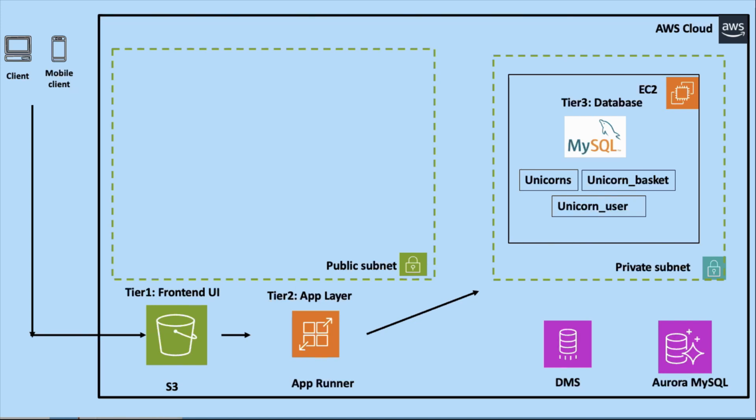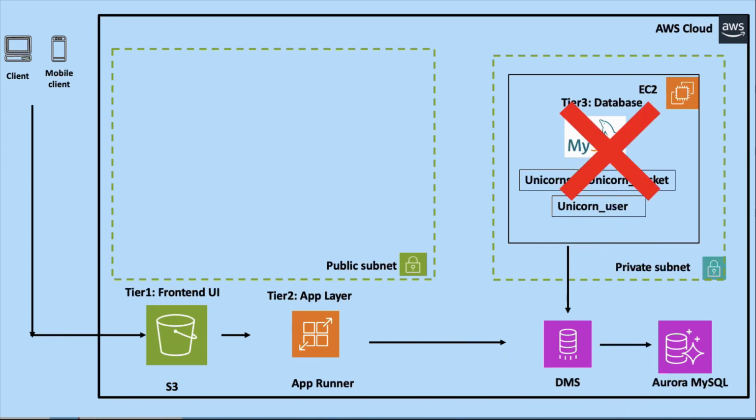We use the DMS service and migrate the data from the existing database, which is on EC2, to the Aurora MySQL database. So once the data migration is completed, then we have to switch the traffic from App Runner to the Aurora MySQL. So that means we don't require the EC2 machine any longer. So this is how we will be completing the lab.